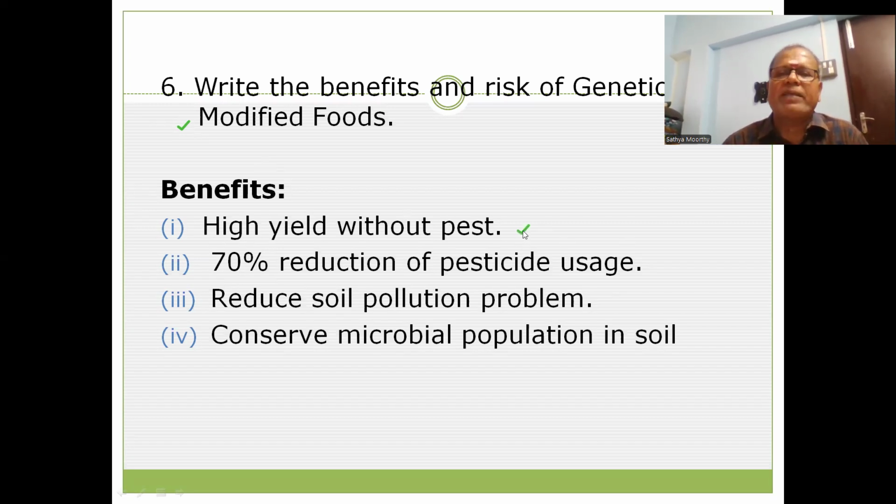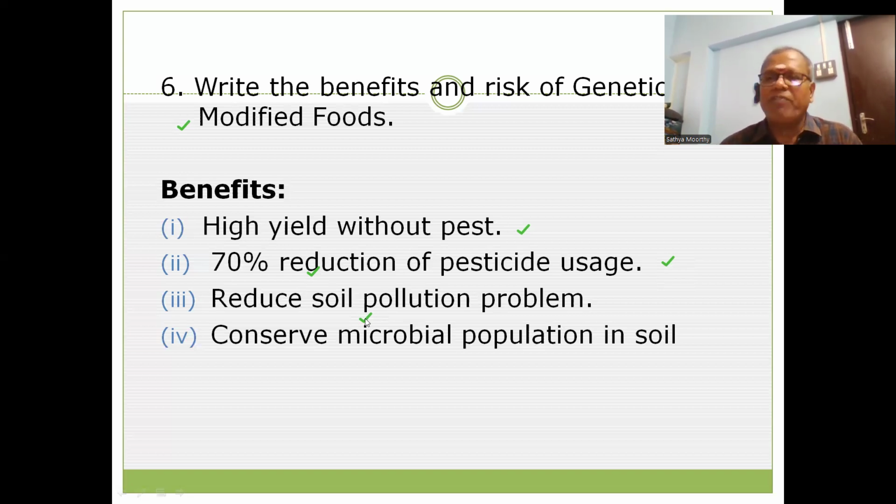High yield without pest. So you will get more yield and it is not infected by the pest. Then 70% reduction of pesticide usage because they show resistance against pest. So pesticide usage is very much reduced, and it reduces soil pollution problem. If we use fertilizers and pesticides in the field, naturally the soil gets polluted.